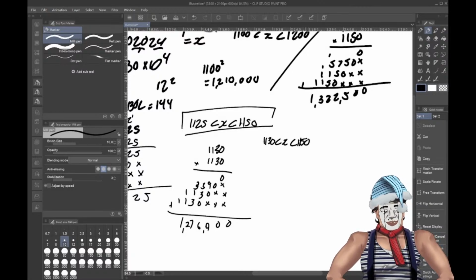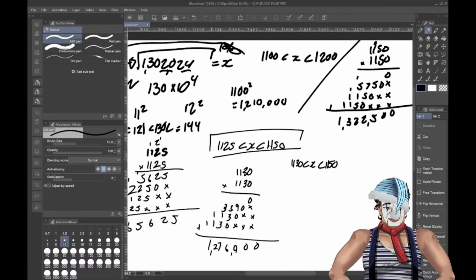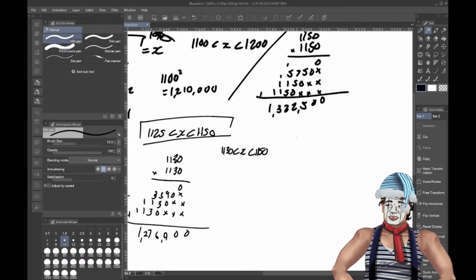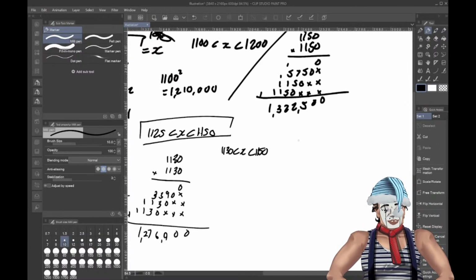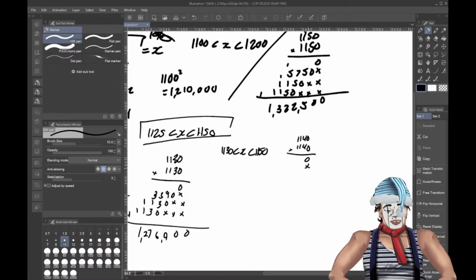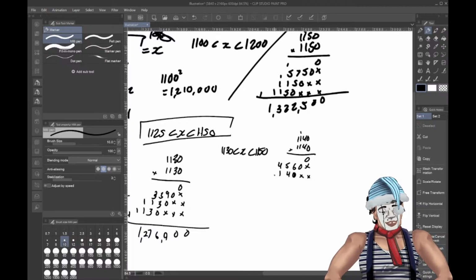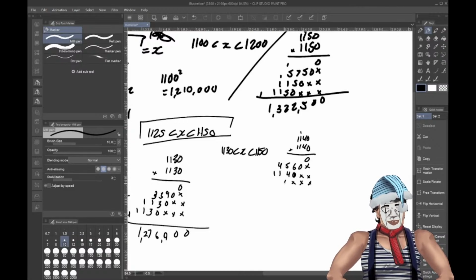It's getting very close, but not close enough. New number, let's test 1,140 squared. That's 0. 16 and 5 and 4. And then just the 1, which is 0, 4, 1, 1. You do that again. Thank goodness for all the 1s. It saves me having to do a lot of math.